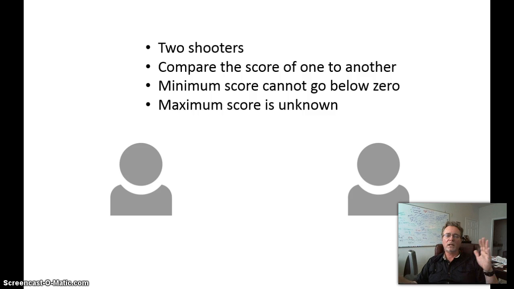And then obviously as the difference is less, then you're closer to that person's number. And if it's further apart, then you're further apart. So it's just the difference between the two.